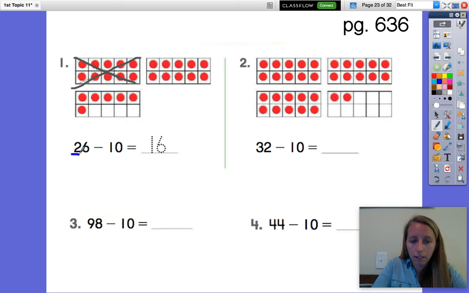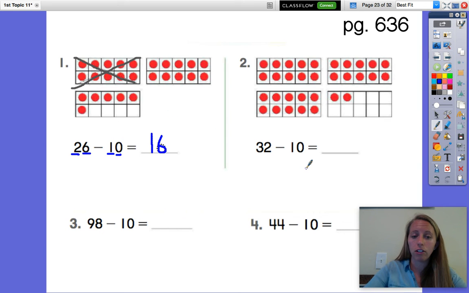The tens place, the digits are 2 and 1. If we have 2 and we take away 1, we are left with 1. The ones place doesn't change because we have a 0 here. So 6 minus 0 is still 6. That doesn't change. So 26 minus 10 equals 16. The tens place goes down by 1. 2 minus 1 equals 1. And this ones place doesn't change. 6 minus 0 equals 6.